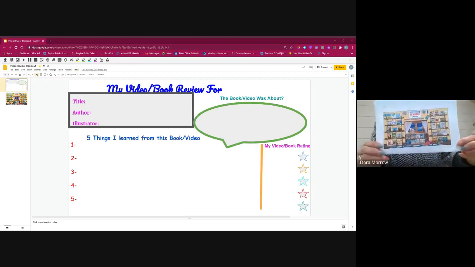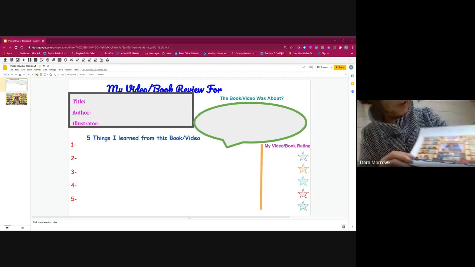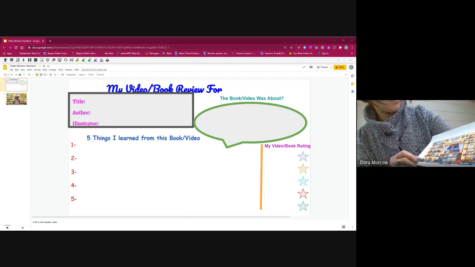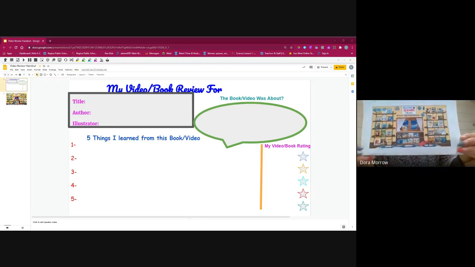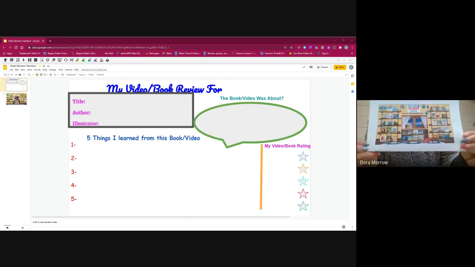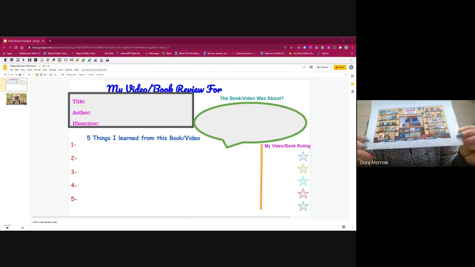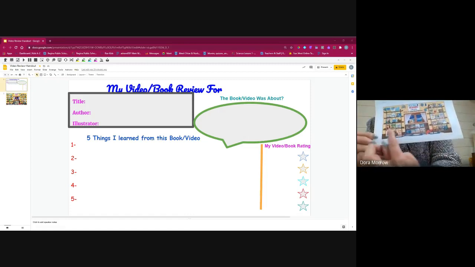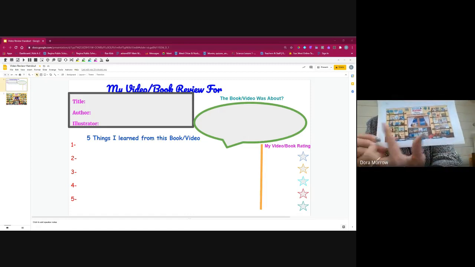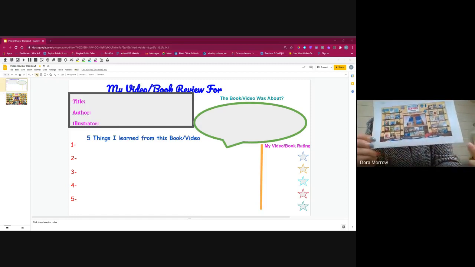It says here, Weather Seasons Library. When you see that in your eSchool or Moodle, you're going to click on any of these books in the library. Any book you like. All these books are about weather changing.